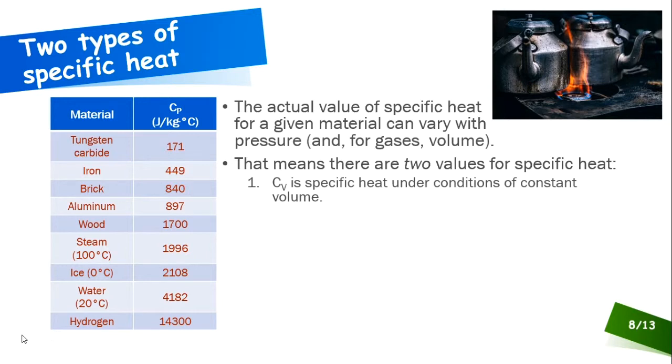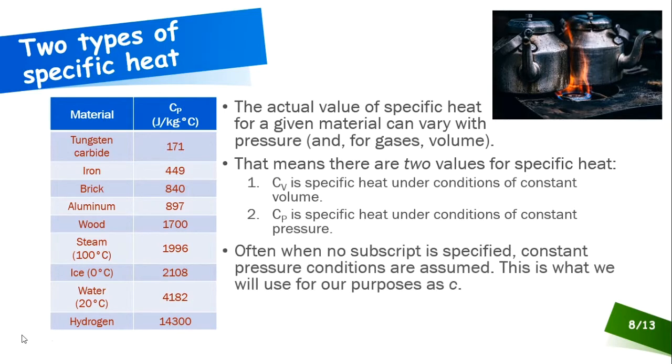Specific heat under conditions of constant volume, which is C sub V, and then specific heat under conditions of constant pressure, which is C sub P. So when you don't have any subscript specified, constant pressure conditions are going to be assumed. That's just a convention that's made. A lot of reference sources don't have a subscript there. So when you don't see a subscript, you can just assume we're talking about constant pressure specific heat.